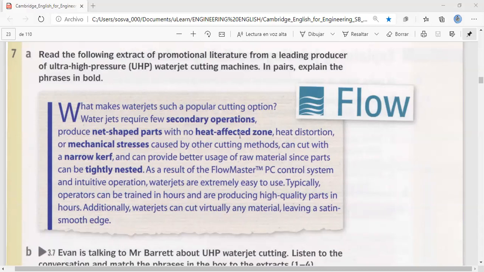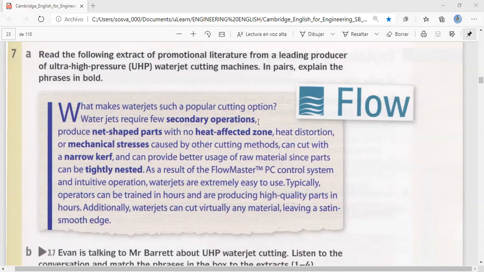Talking about this UHP water jet cutting machine, you can see that we have some phrases in bold: secondary operations, net shape parts, heat affected zone, mechanical stresses, narrow curve, and tightly nested. So we have to get the definition of these concepts.